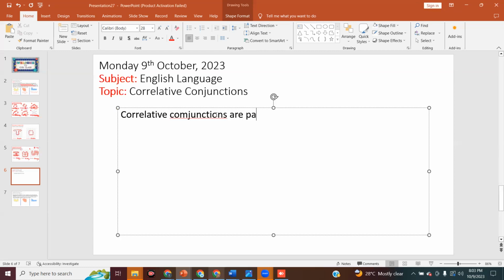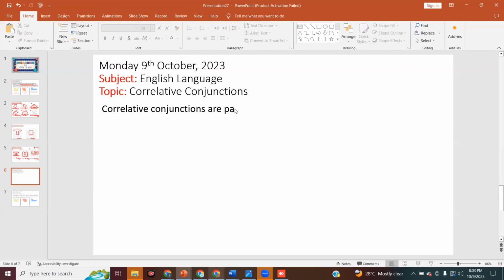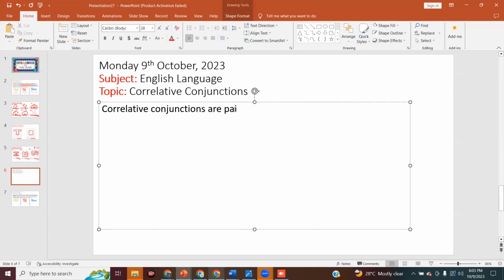are pairs. Oh, I spelled conjunctions wrong. It's supposed to be spelled with that N. They are pairs. All right. So they work as a pair. Whenever you use one, you use the other one.